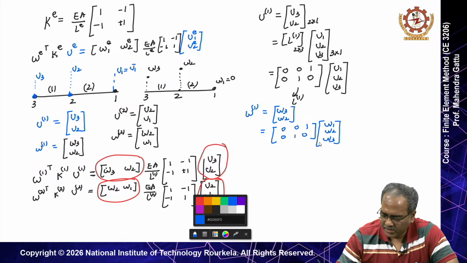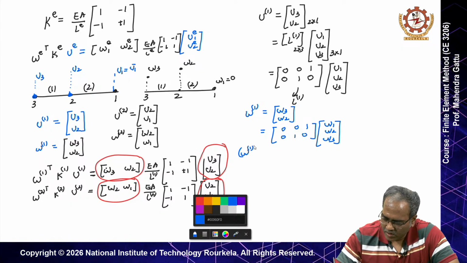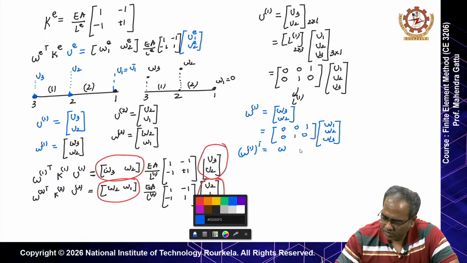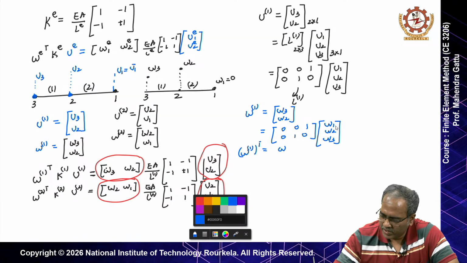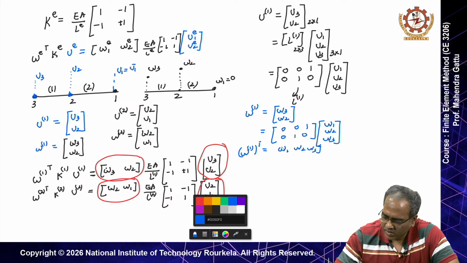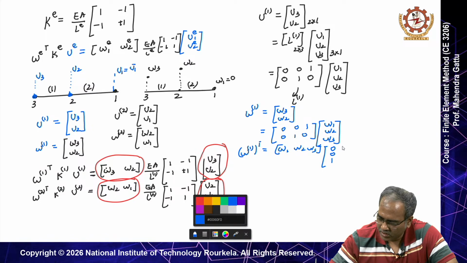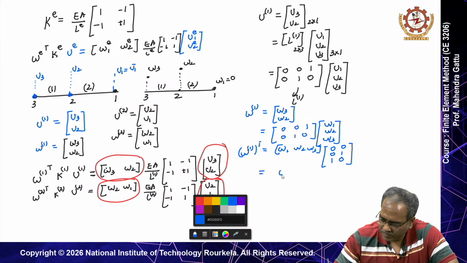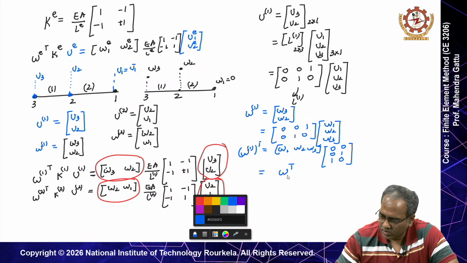So, the same scatter matrix is there, and W1 transpose will be the transpose of this. So, it will be W1 W2 W3 times the transpose of that, which will be 0 0 1 0 1 0. Okay. So, this is actually the global W transpose.